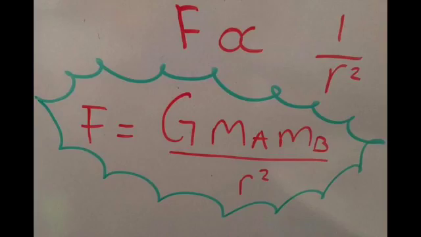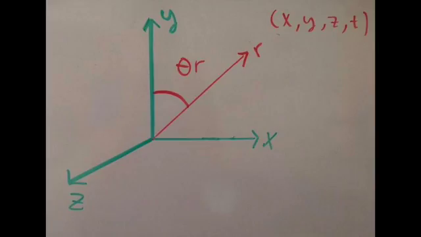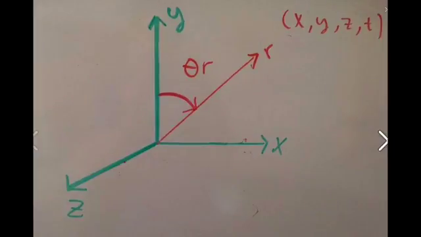Now we're going to draw this in our Cartesian plane, defined by the y-axis, the z-axis, and the x-axis. We are going to draw our vector r, which is the distance between the two masses that are interacting, and we're going to draw an angle. This angle, we're going to name delta.